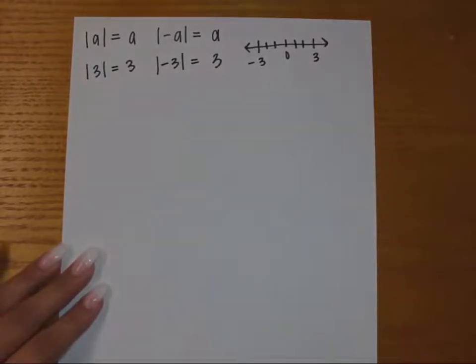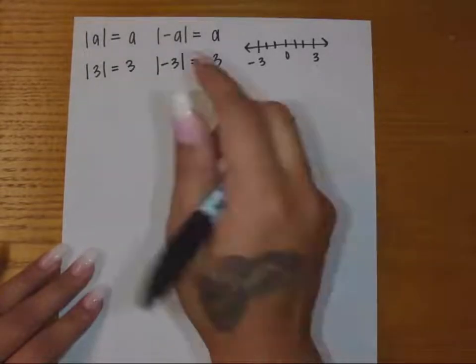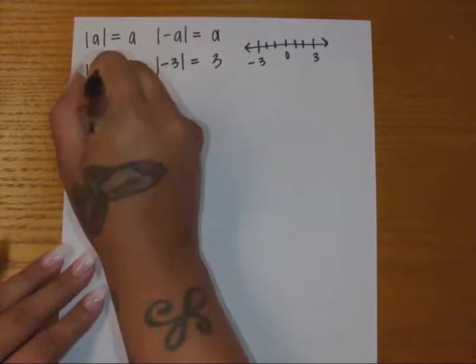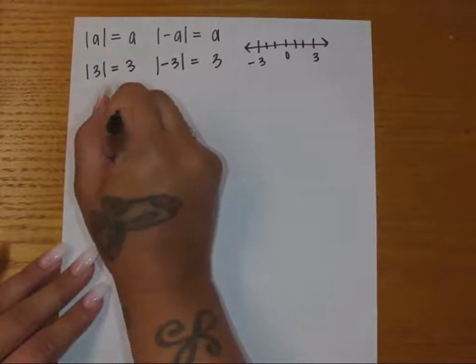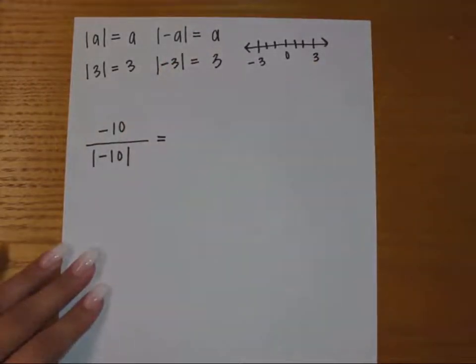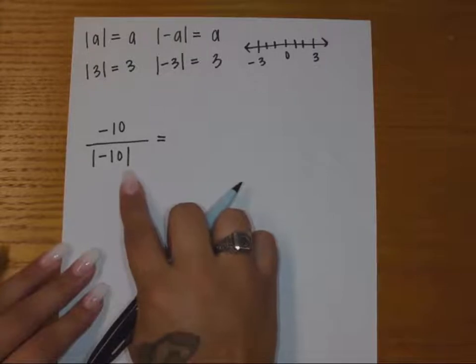The examples that you'll see are a little bit more than just figuring out what the absolute value is. This one in particular says negative 10 divided by the absolute value of negative 10. In order to rewrite this expression without the absolute value bars, we notice that in the denominator there are absolute value bars.